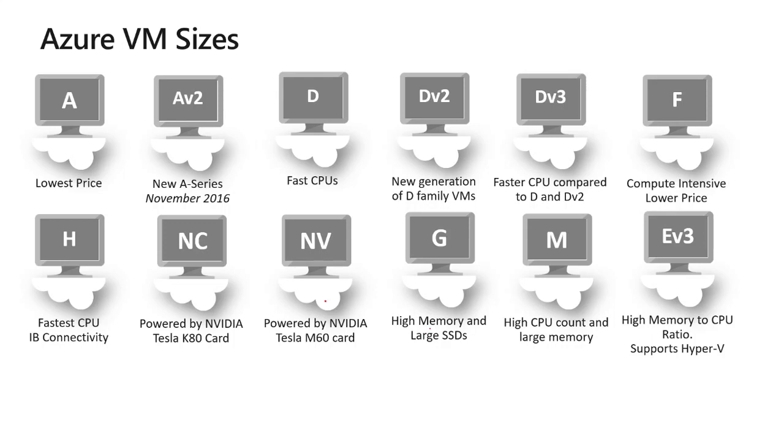Based on your requirement. If you want low pricing, you can go for the A series. If you want compute intensive but want to pay low, you can go for the F series. If you want high compute and large memory, you can go for the M series. If you want general purpose computing, which does the normal stuff, you can go for the D series, right? So based on your requirement, you are choosing the virtual machine.